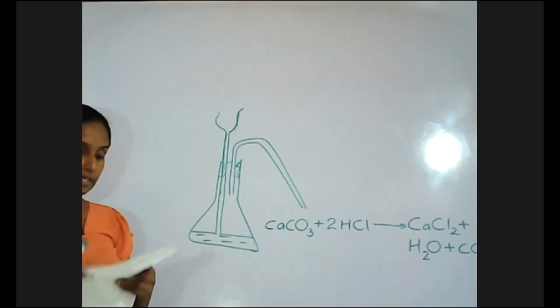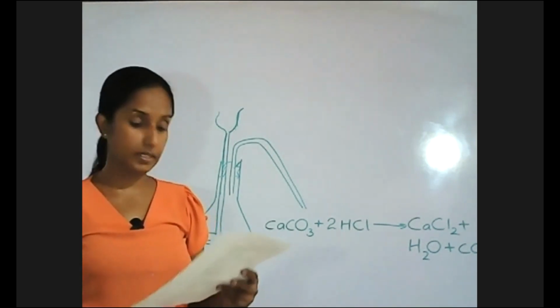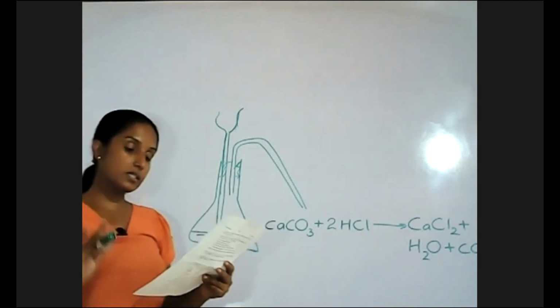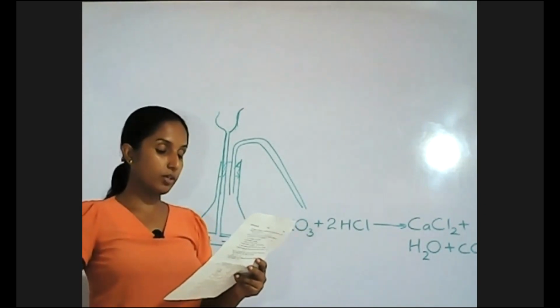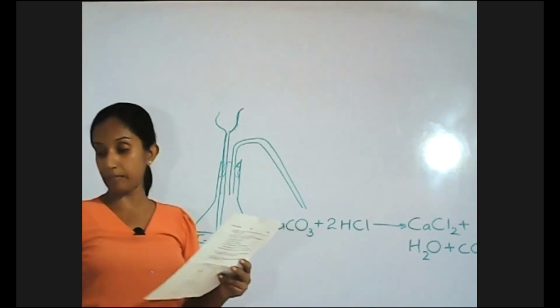Look at the fourth one. If an equal mass of powdered calcium carbonate was used instead of the pieces of calcium carbonate, the required volume of gas can be collected in a shorter period of time.